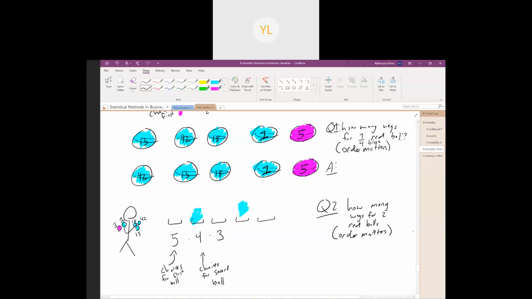So what's the pattern? 5, 4, 3, then 2, 1. You can also write this as 5 factorial. So 5 factorial is 20, 60, 120. There are 120 different ways you can do this.